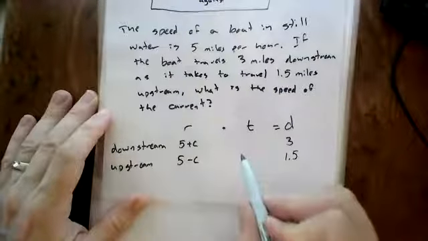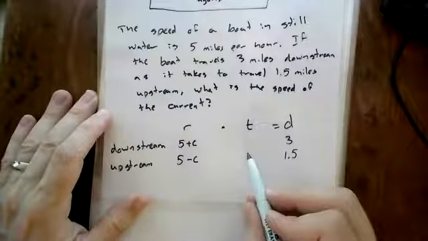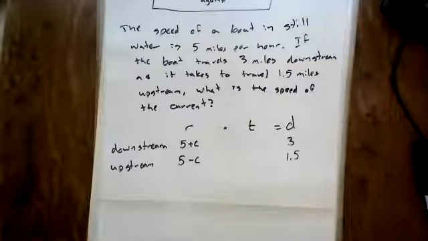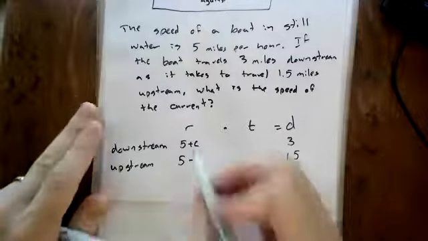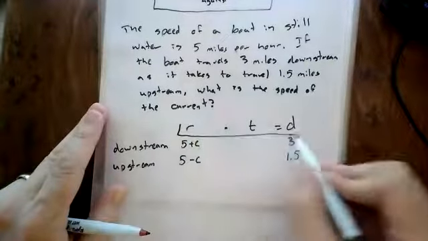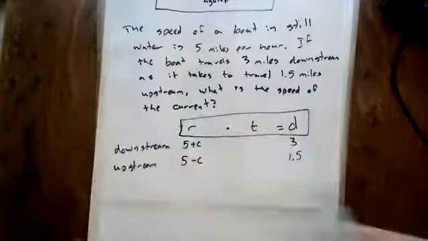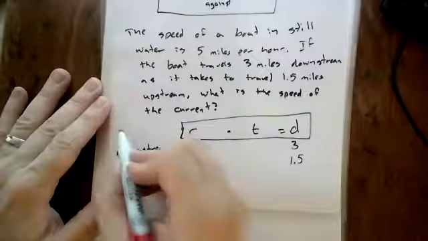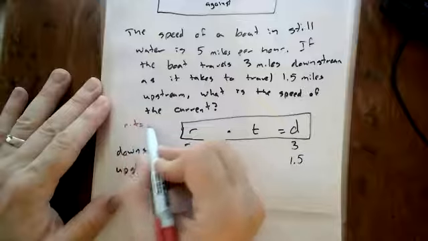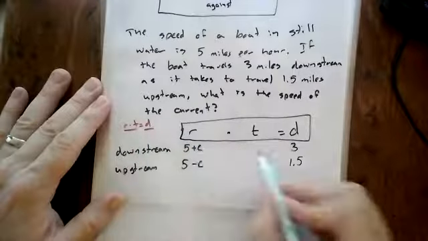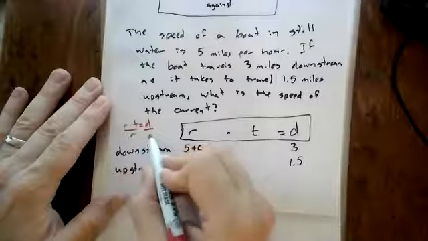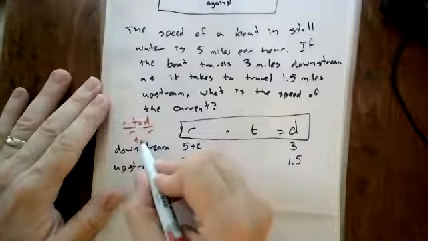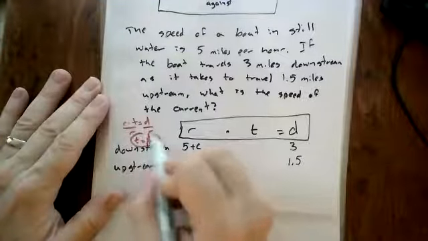What I don't know is the time. And this is where we have to take our first sort of cognitive jump. I know that rate times time is equal to distance. But I could take this and solve for the time, since I don't know what that should be. So I'm going to divide both sides by r, and I'll find out that my time is just the distance divided by my rate.